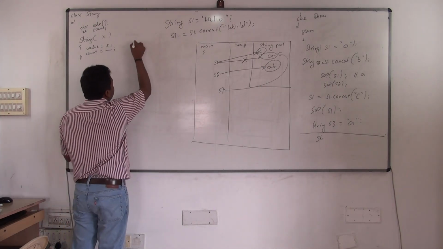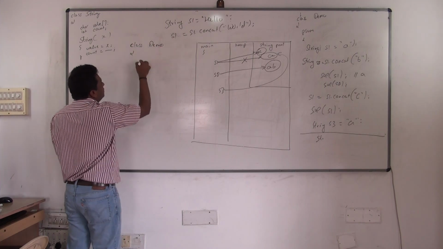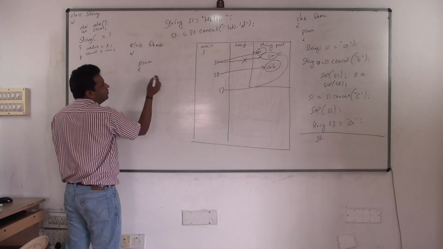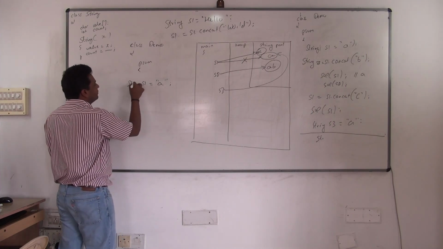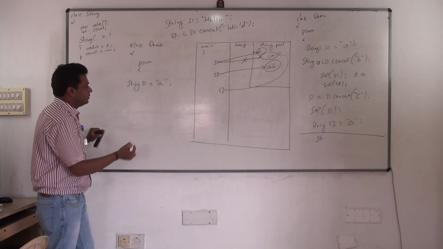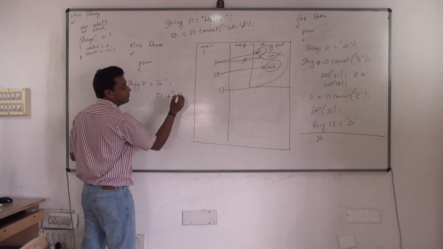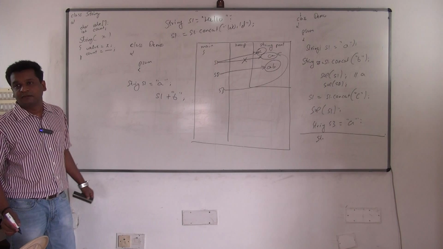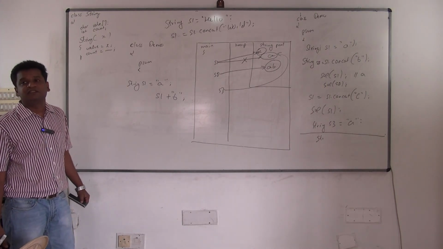So see this now. Here I'll continue the class demo. PSVM. Supposing I say String s1 is equal to A. Fine, no problem. But this time I'll say s1 plus B. Yes or no? I'm joining this value, but using the plus operator.